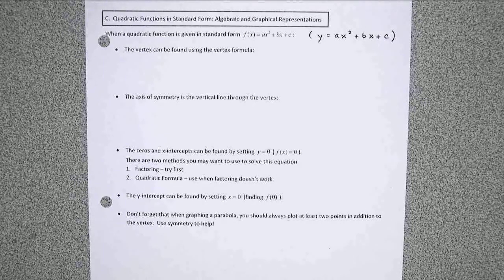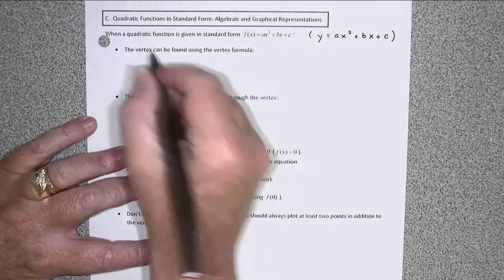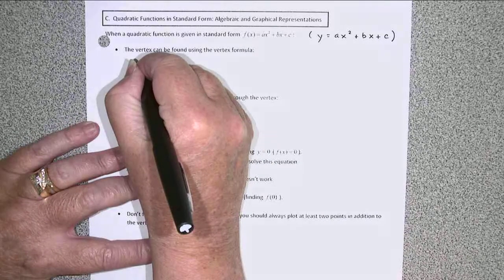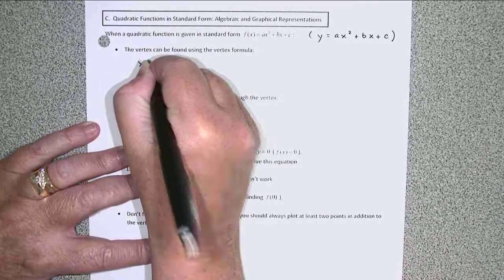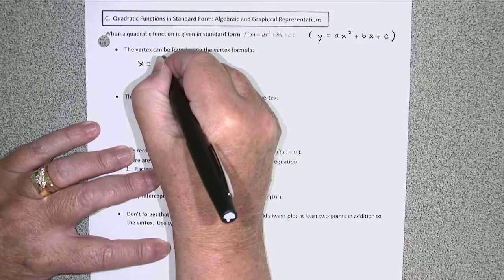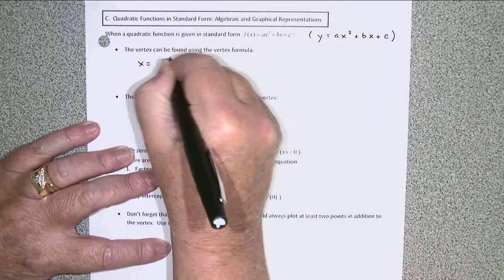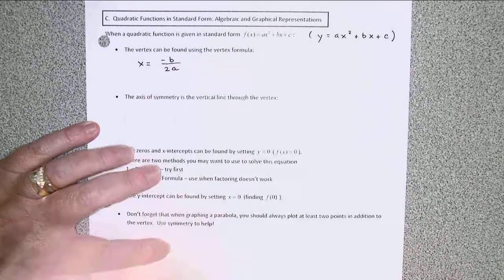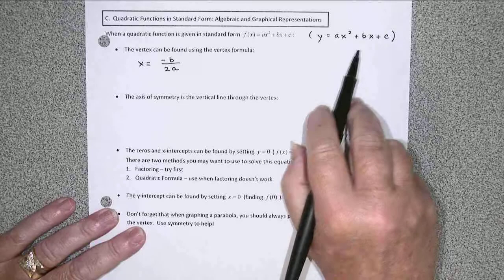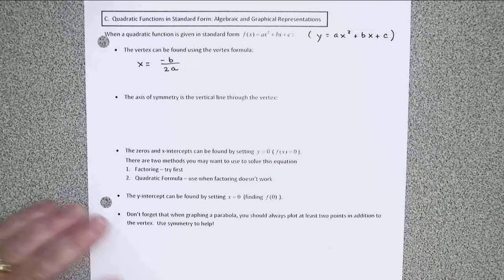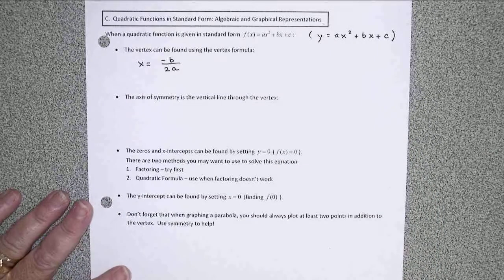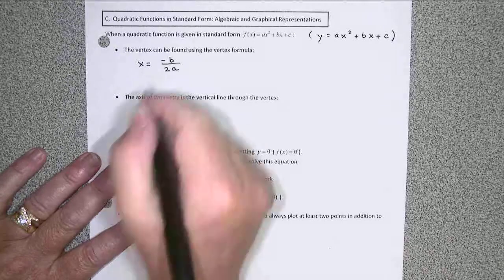All right, since we can't find the vertex on this one by shifting, we're going to use a formula. The vertex formula says that the x value of the vertex can be found by taking minus b over 2a. So literally just grabbing the values out of your equation and plugging them in will give you the x value.